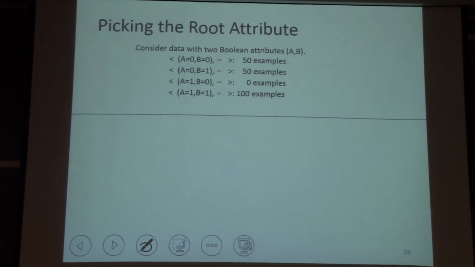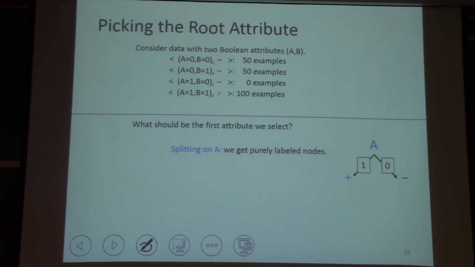So now the question is, say I want to build a decision tree that represents this data. What should be the first attribute to be split on, A or B? How many people say A? Most of you say A. I'm not sure why you said A, but one of the reasons for splitting on A is that you get the small tree. If you split on A, you basically get the answer.